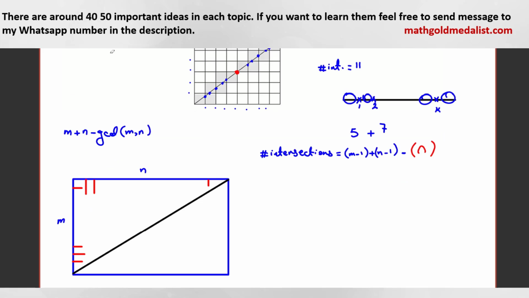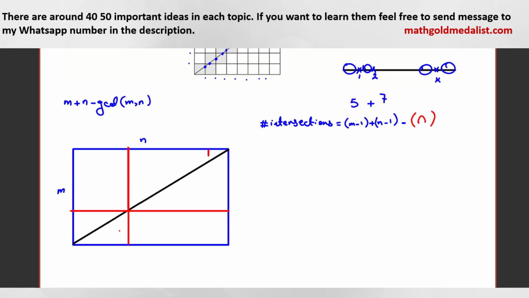This part is, I can say, a combination of combinatorics, number theory, and geometry. So let's consider this part. For example, we have an intersection like this. Suppose this length is x and this length is y. We know this length is n and this length is m.